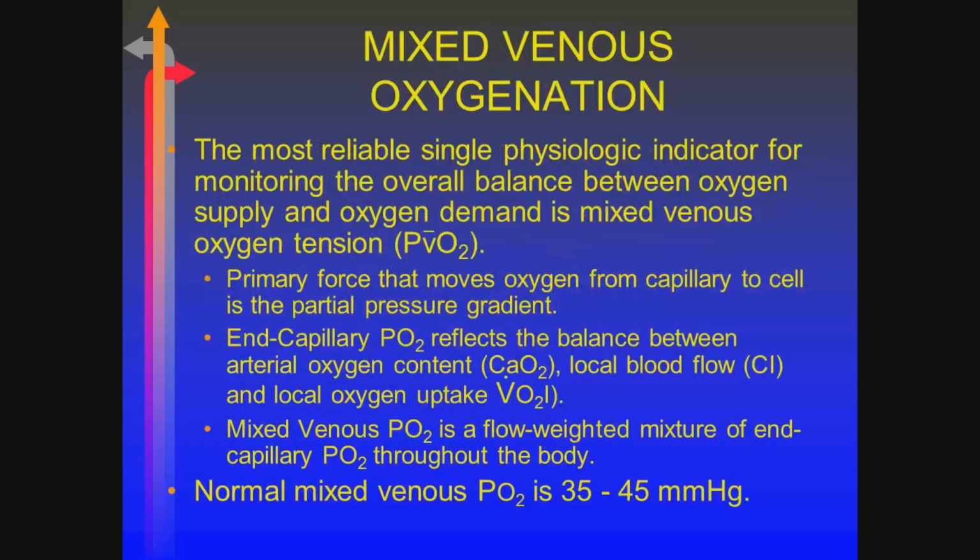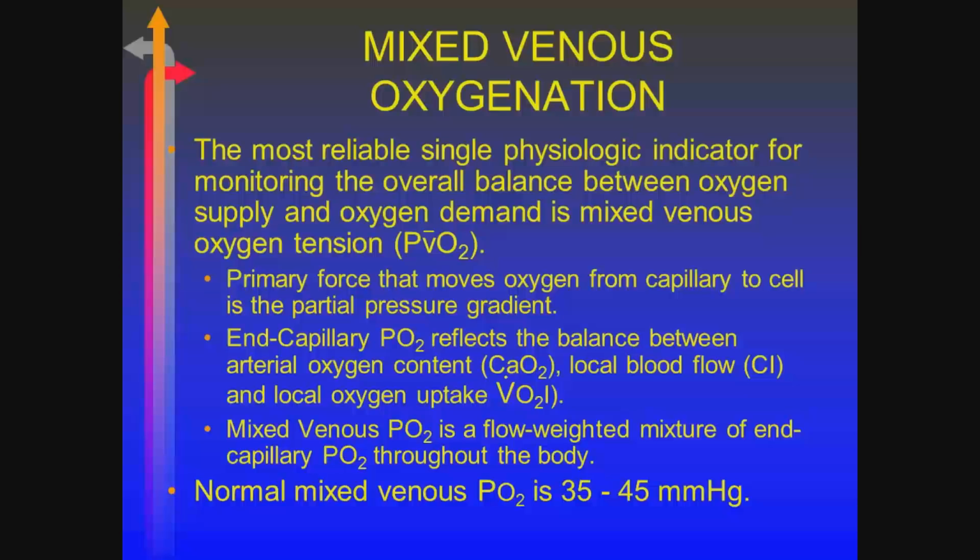All right. So PVO2, arguably the single best number to look at to evaluate that balance between supply and demand. If demand exceeds supply, you're going to have a reduction in PVO2 coming back.